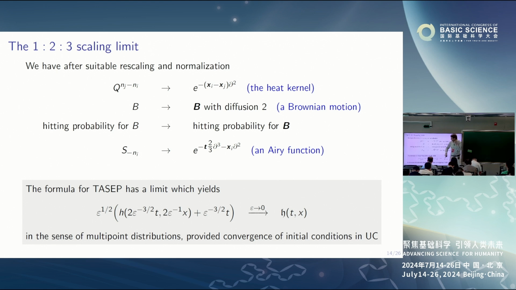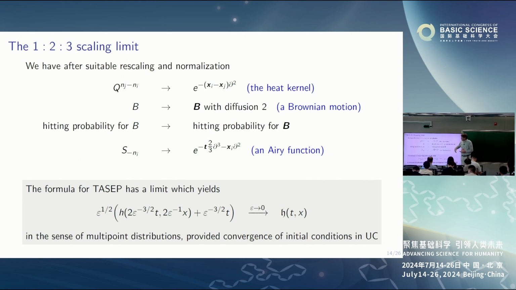These functions s, which you saw in the formula, also have nice limits. They converge to the kernels, the exponentials generated by the third and second derivatives. And these kernels can be written explicitly in terms of the Airy functions.